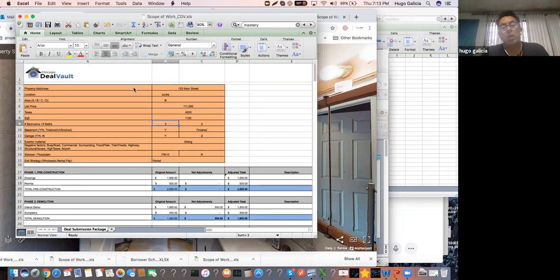So to me, even if we pull comps for a 3-bedroom, 2-bath, they're not going to be comparable, right? We should be also looking at 2 bedrooms, 2 baths, because that quirky layout on the second floor is going to hurt the ARV, right? We cannot compare a legal 3-bedroom with this property, right?